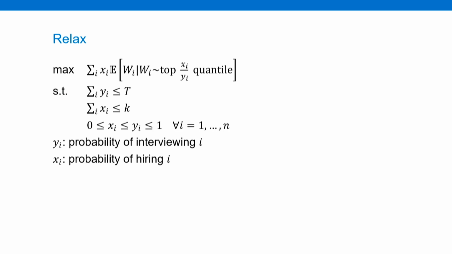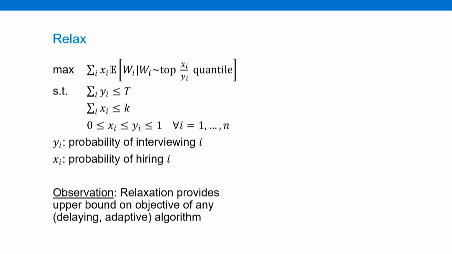I have the same constraints as before: in expectation, I interview at most T people and hire at most K people. xi has to be less than or equal to yi, because I can't hire someone without interviewing them. Now I've got to explain the objective. I'm once again going to make this claim: the relaxation is an upper bound on any algorithm, even the most powerful type, that can delay all hiring decisions until the end and be adaptive.